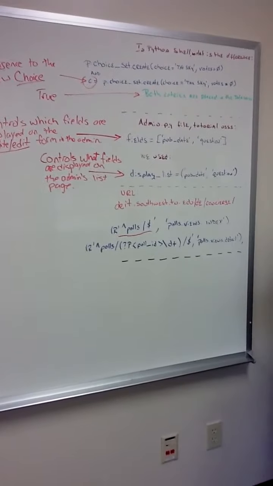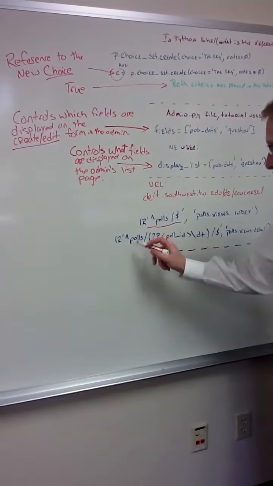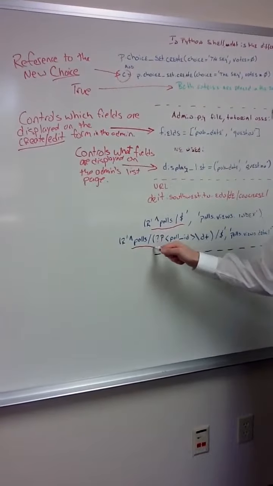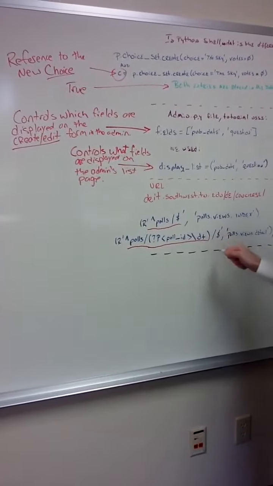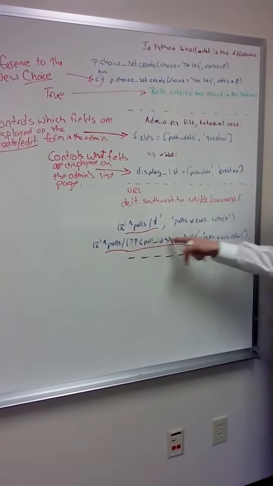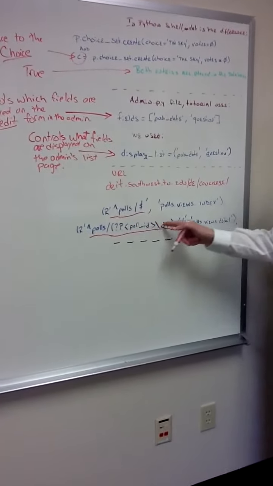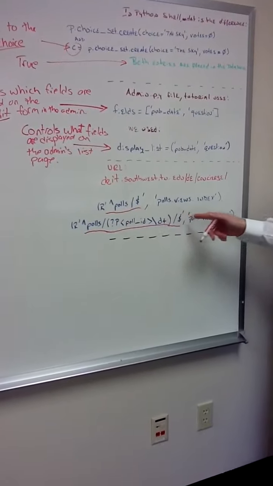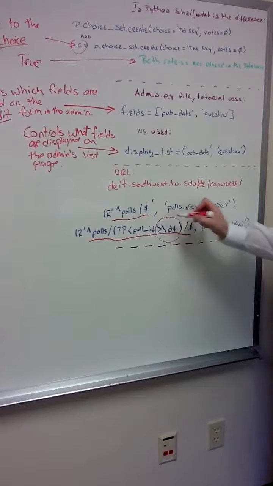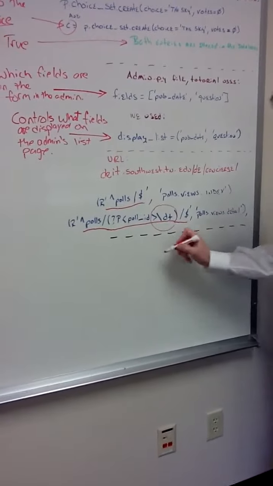So the next one's similar. It's a URL that starts with the word polls slash, but there's something else after it. In fact, there's just one thing after it. So this pattern right here, all this funny looking syntax, the important piece is this little thing: \d plus.